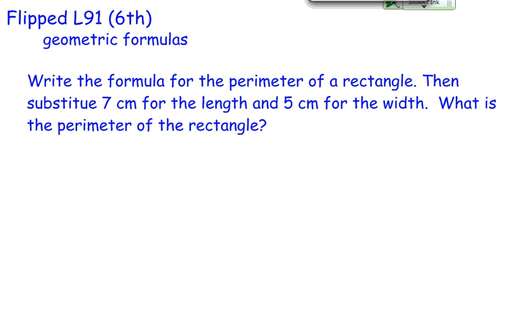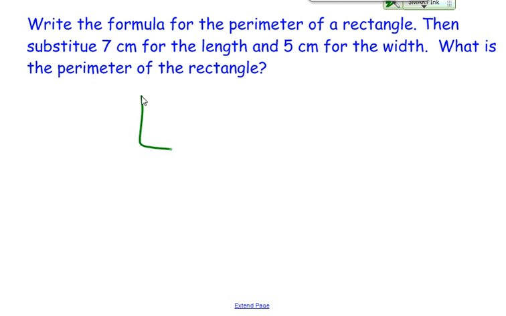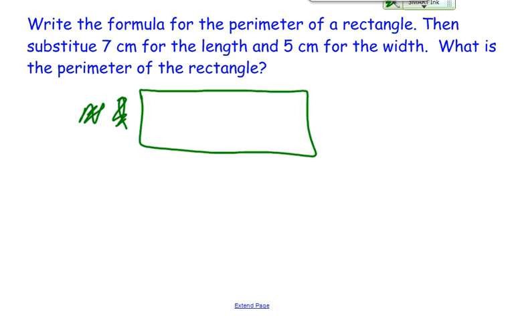It says write the formula for the perimeter of a rectangle. We know that a rectangle looks like this, and we have a width, and a length, and we want the simplest formula that we can have to do the least amount of math.